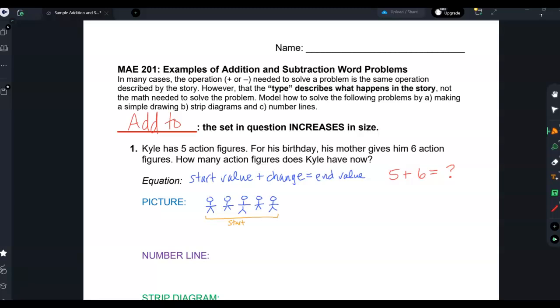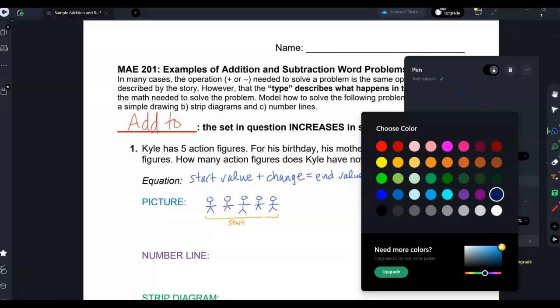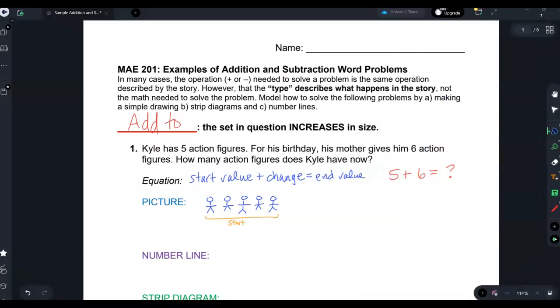And then how would I help a student through this or demonstrate this for a student? Well, the next thing I might do is I might just add on to that, right? So I would draw the change. So what did his mom give him? His mom gave him 6 action figures. So let me draw those.